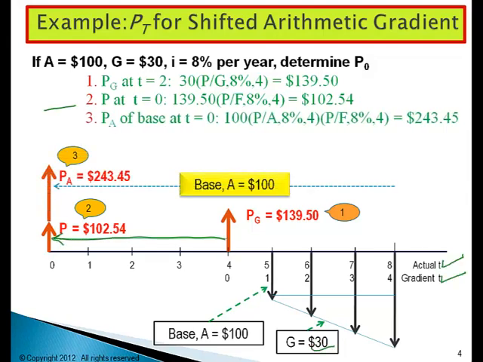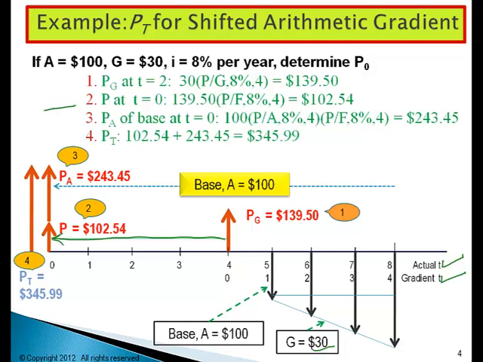Third, we'll find the present worth in time t equals 0 for the base amount. Notice here there are 2 factors. There's the PA factor for 4 years, and then there's the PF factor to go back from year 4 to year 0. That's $243.45. Finally, we add the 2 together, and we get basically $346 as the present worth amount in time 0.